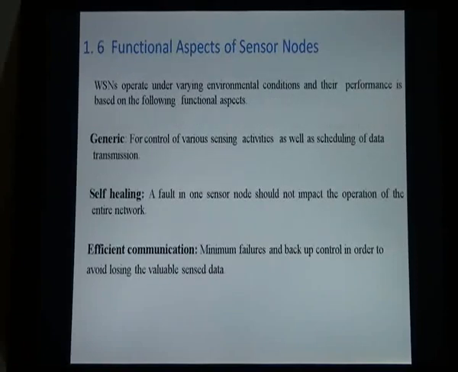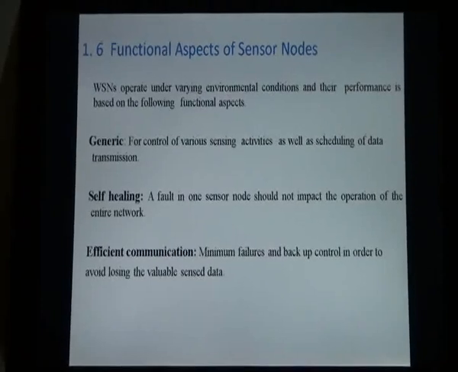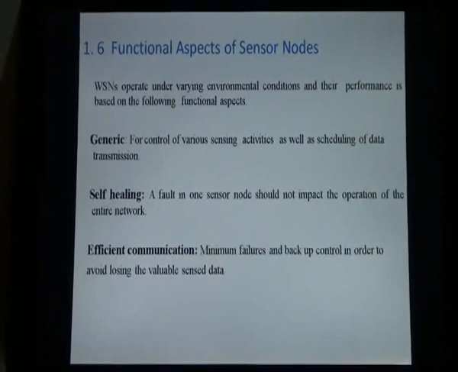The functional aspects are an important part of sensor nodes. Since wireless sensor networks operate under harsh environmental conditions, their performance can be judged on the following factors. They should be generic, in order to control various sensing activities for data scheduling or data transmission.